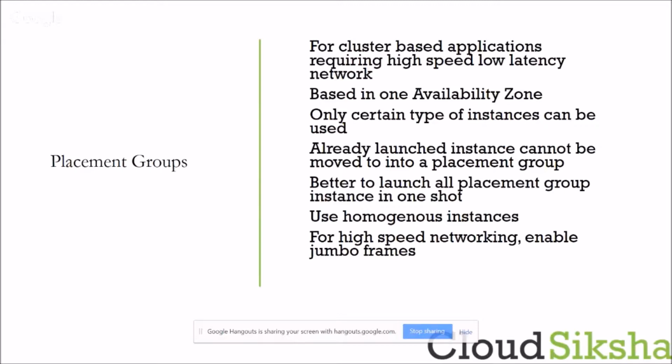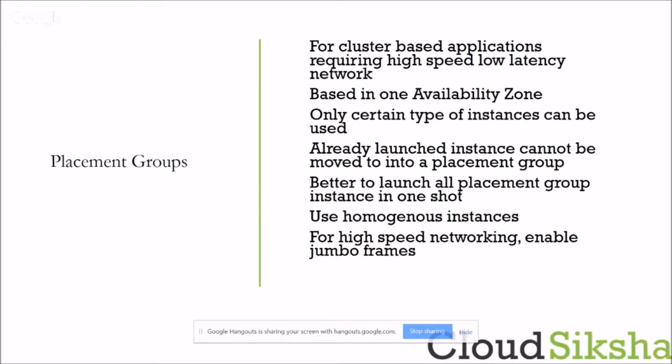What happens is that these are all launched in the same availability zone, and as you would know, the same availability zone indicates that they are all in the same data center cluster within a region. Amazon also probably tries to launch these instances on systems which are physically close to each other, so that they can take advantage of the high-speed network within the Amazon infrastructure.